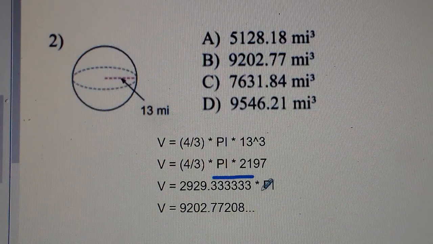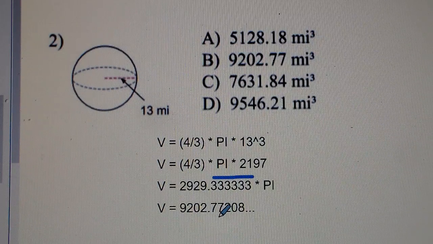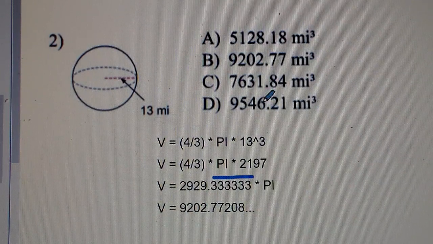And when you multiply that times pi, you're going to get 9,202.77208. That's the irrational number. And we see that it is B.